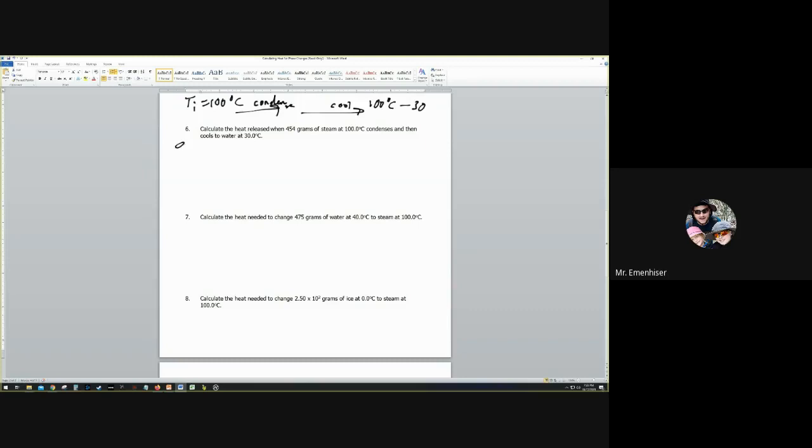So the Q1 will be condensing, which will be equal to M times the delta H of condensing, which isn't really a thing. So it's actually going to be M times the negative delta H of vaporization, which will be equal to 454 times negative 2260, which is the heat of vaporization for water.